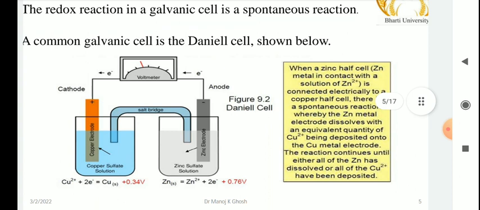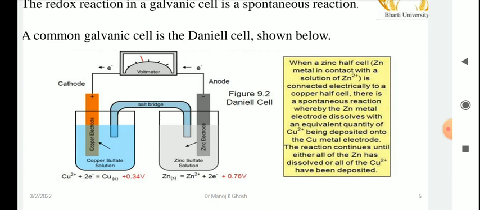We already discussed this in earlier slides. If we join a voltmeter between the copper electrode and the zinc electrode, a potential difference develops, and then current flows. Electrons flow from the anode to the cathode, because the very simple definition of electricity is that the flow of electrons is known as current.